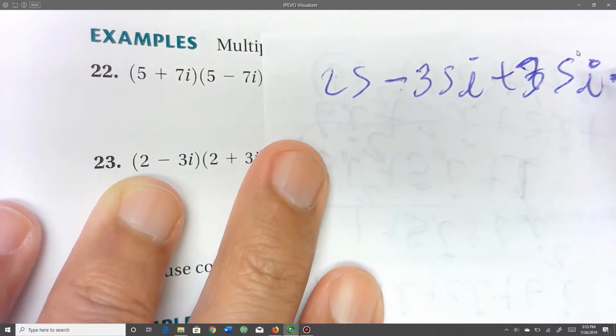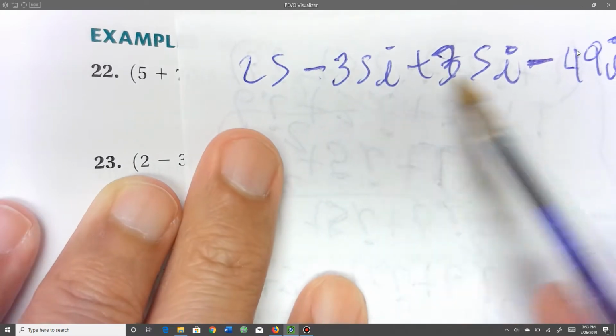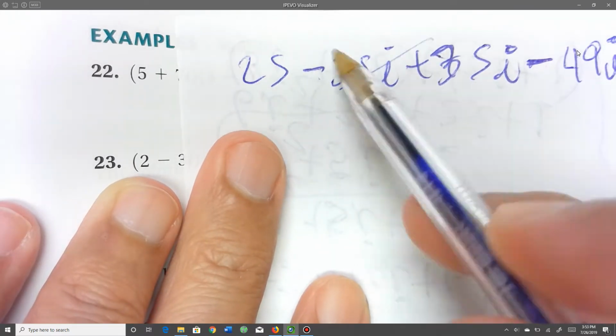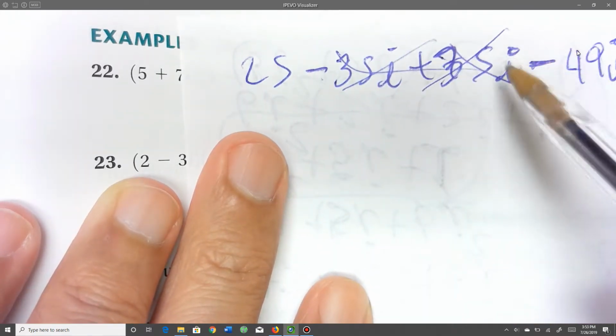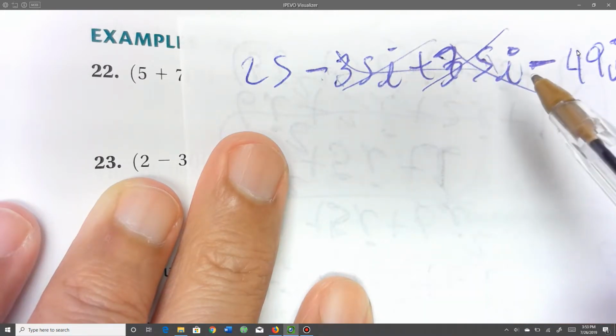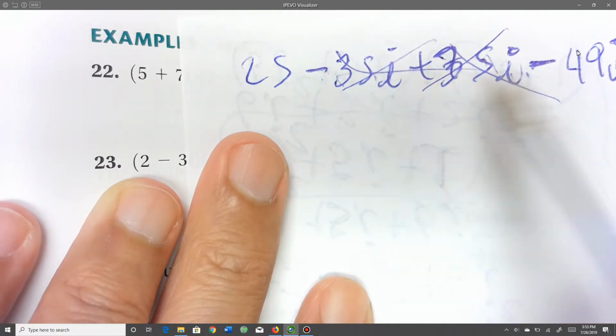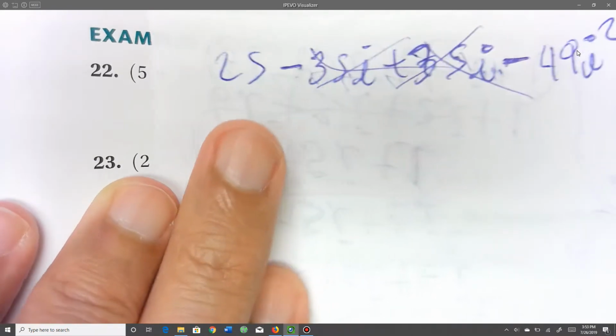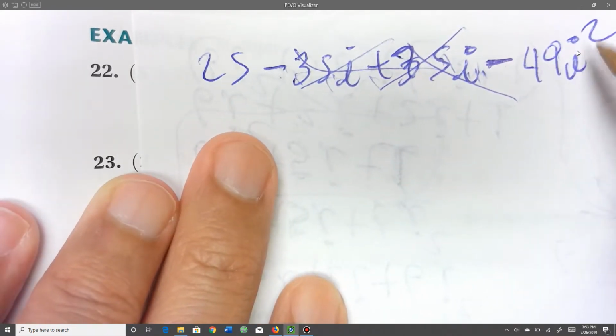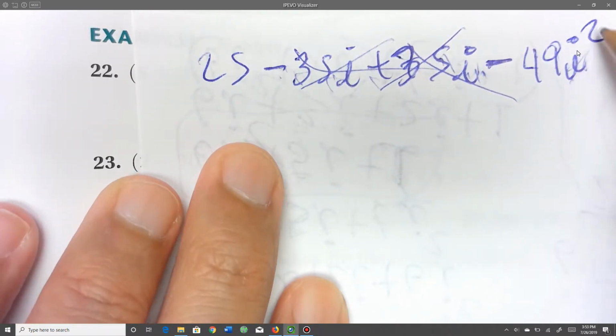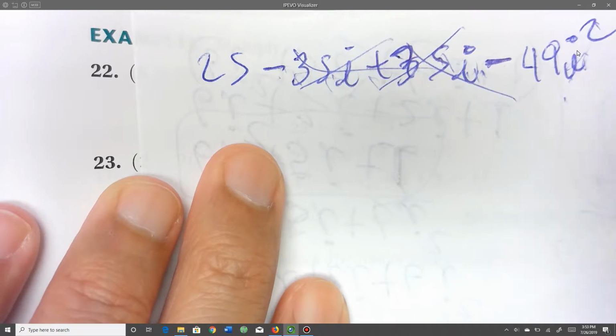Notice how these cancel out, which is what we wanted, because we don't want these i's in there. And for the 49i squared, as soon as you get an i squared, think of it as a negative 1.